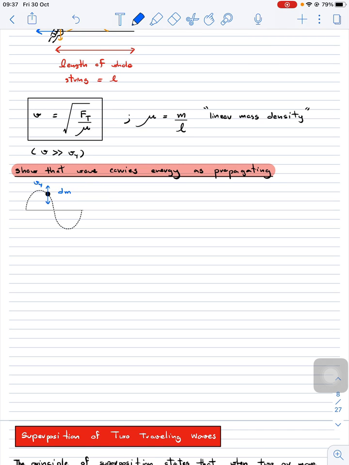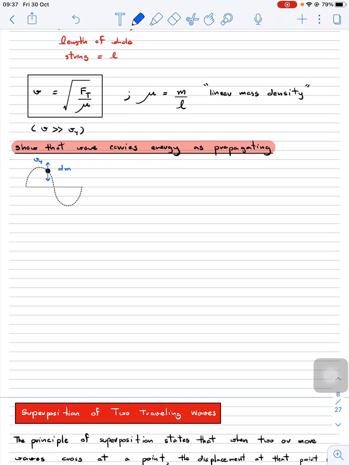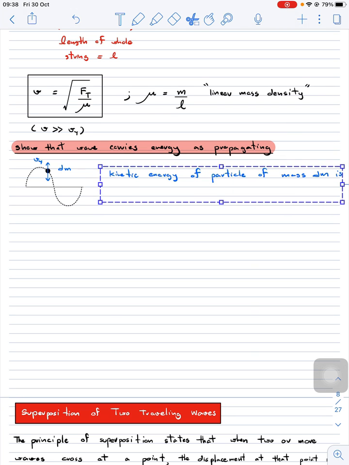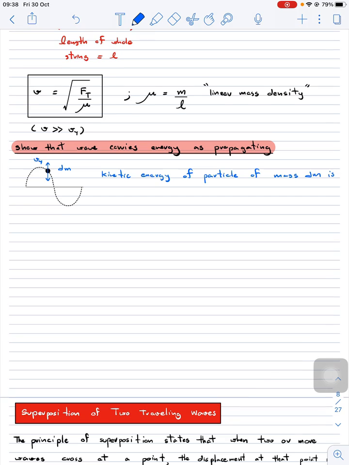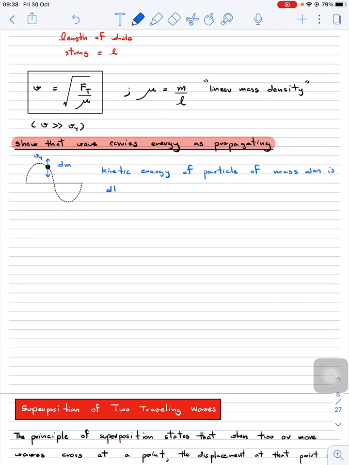Now you can see that the kinetic energy of the particle of mass dm, let's say dK, because right now we're talking about dm here.